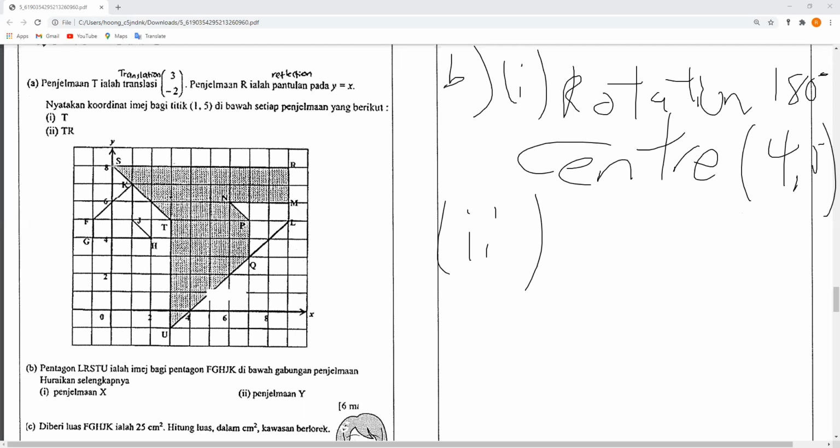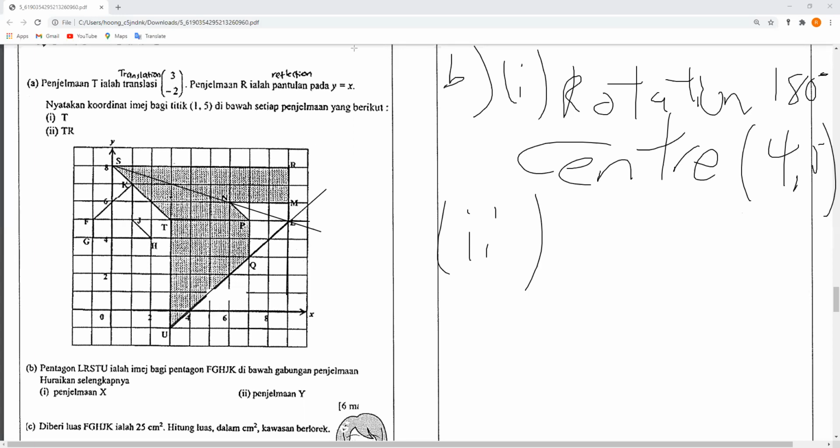Draw a long line, but don't draw until outside the line. Just draw until here, that's already fine. So RN connect, then UQ, and then TP. So it's at the center L.